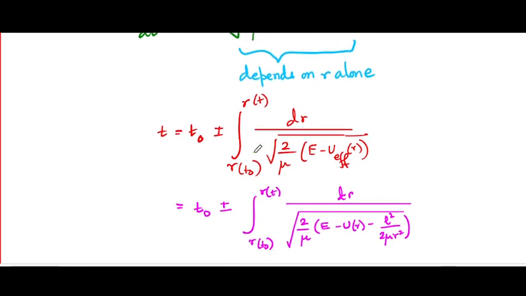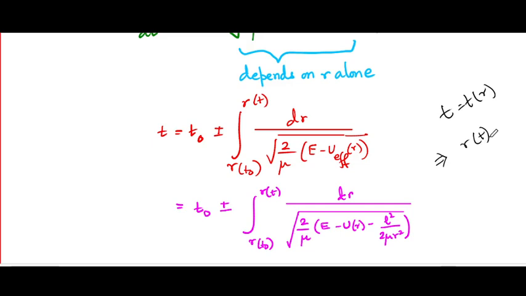And we have just rewritten this here slightly by expanding out the U effective r and showing explicitly the original potential energy which describes the system and the L square by 2 mu r square centrifugal potential barrier term. This is the full expression for t. So this ultimately gives you t as a function of r, which you can then invert to get r as a function of t.